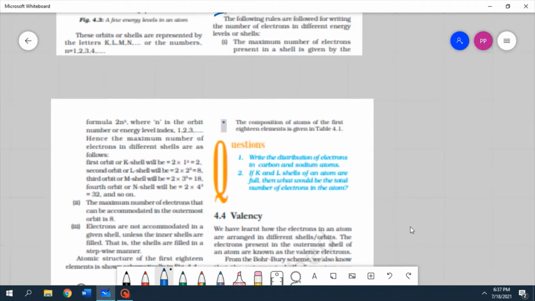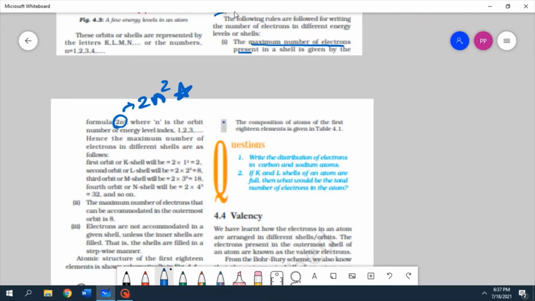The first rule says that the maximum number of electrons present in a shell is given by the formula 2n square, where n is the orbit number or the energy level index.